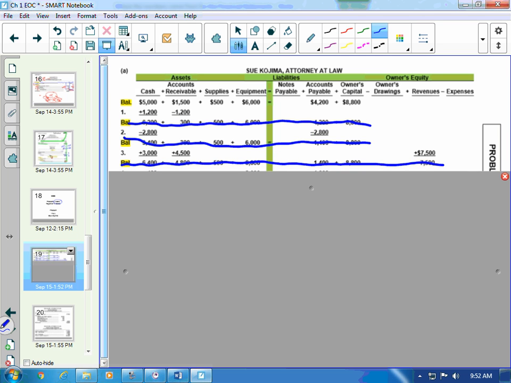So we gained equipment. You see a plus $2,000 in equipment. We must have given them $400 cash, so you're going to see cash go down by that much. $400 does not equal $2,000.